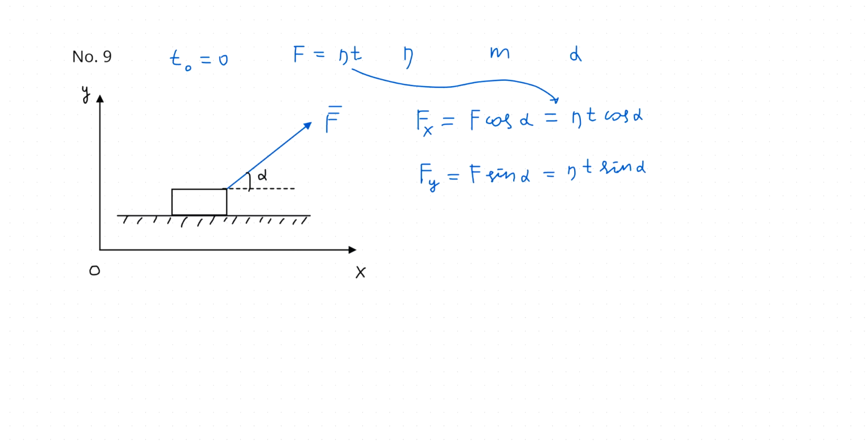So we can write that ma is equal to Fx, because we have motion in the horizontal direction. Before taking off, there is no movement in the vertical direction. There is only horizontal, eta t cosine alpha.